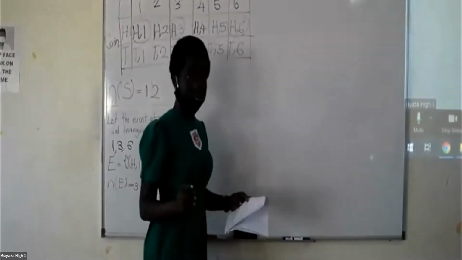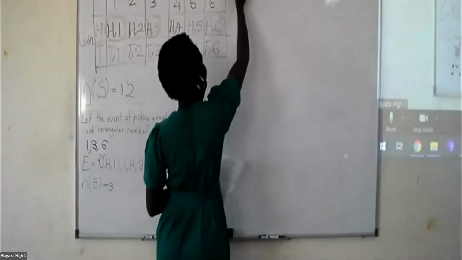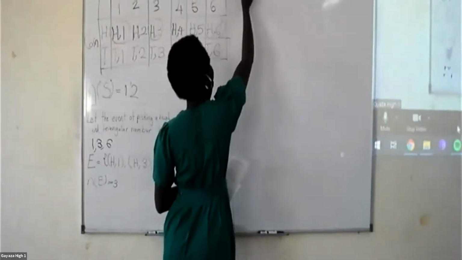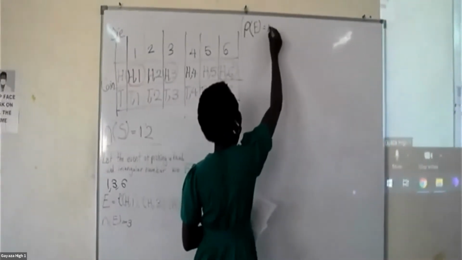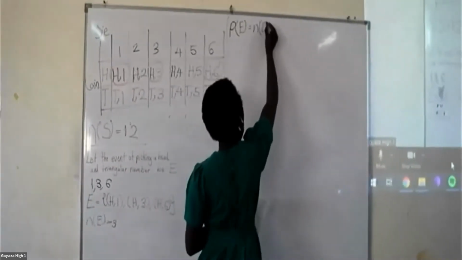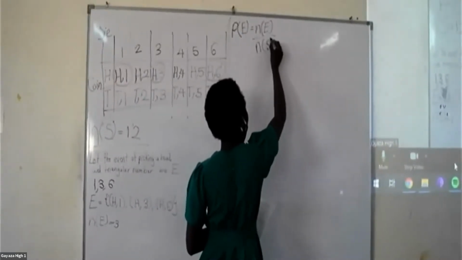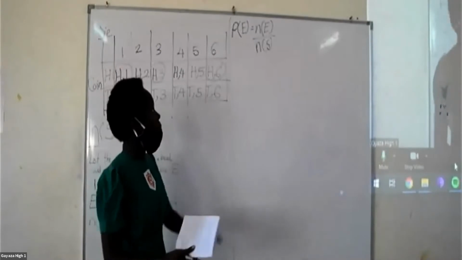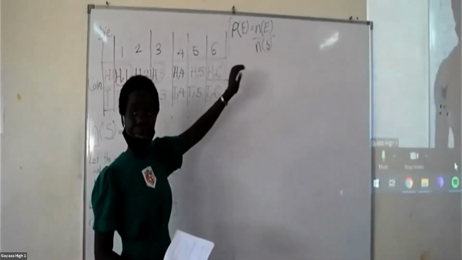Therefore, the probability of getting the event is the total number of the event over the total number of the sample space.